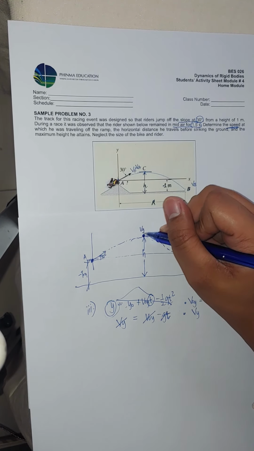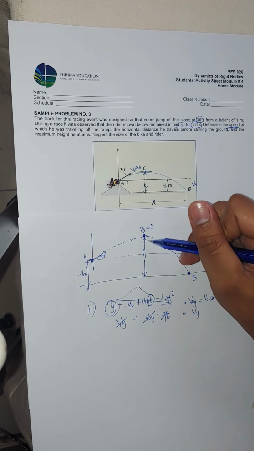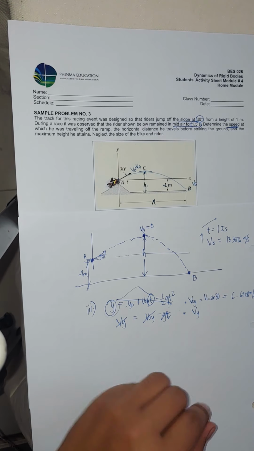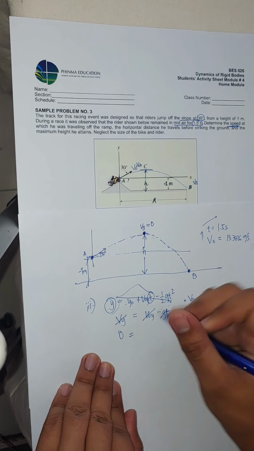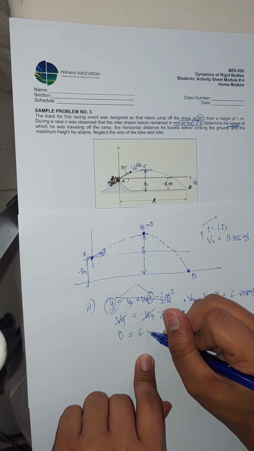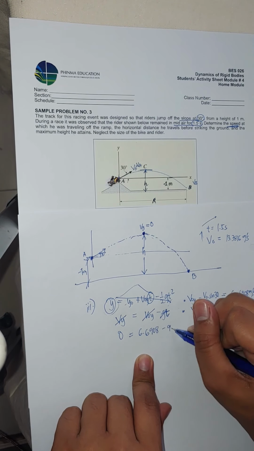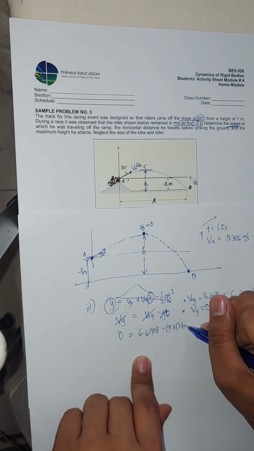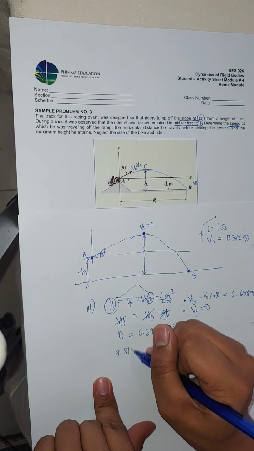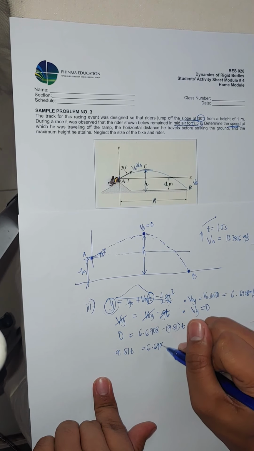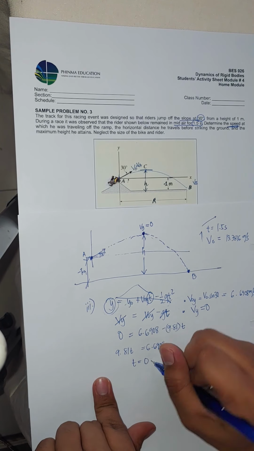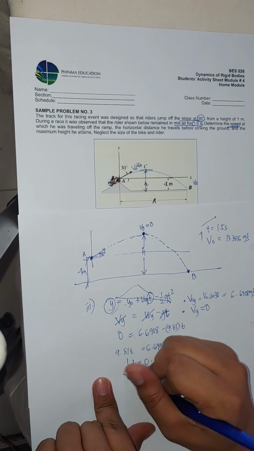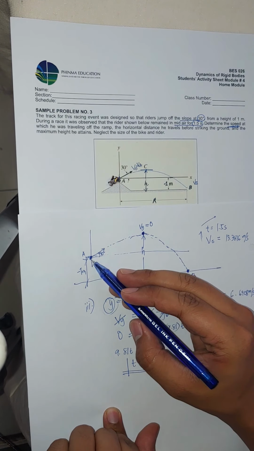So the velocity y at this point is equal to 0, and this is the maximum height reached. Substituting in this equation, 0 is equal to 6.6908 minus 9.81 t. So 9.81 t is equal to 6.6908. We can get the time is equal to 0.682 seconds.